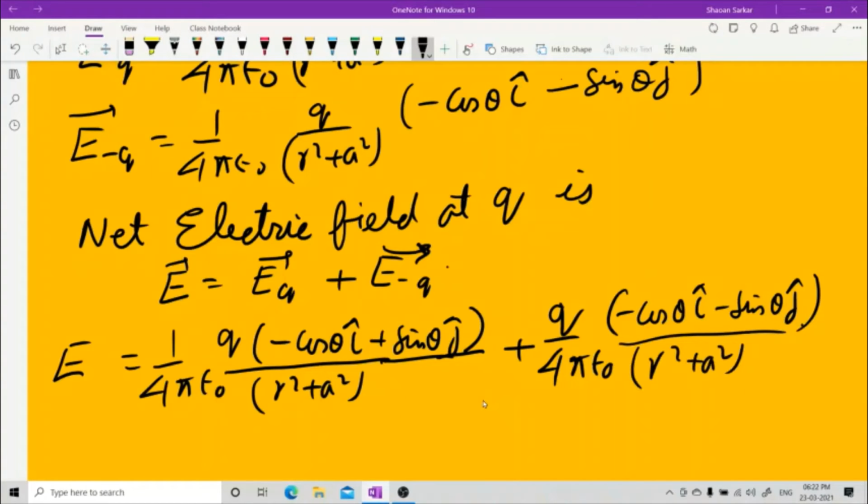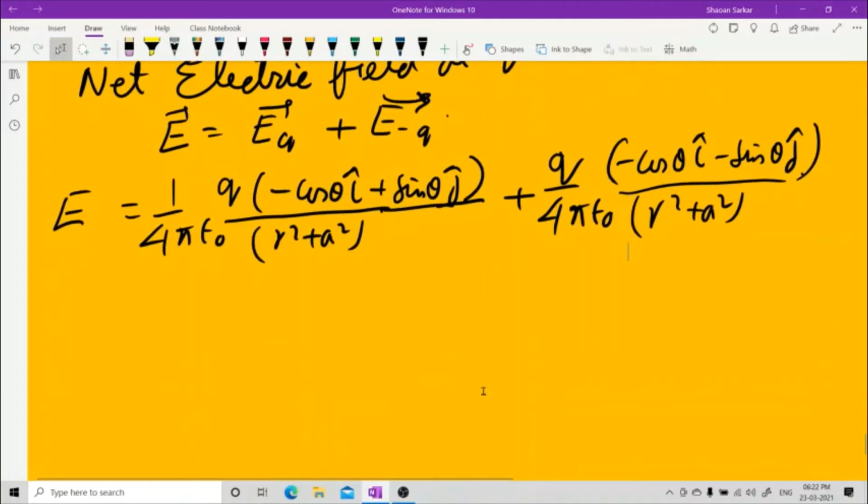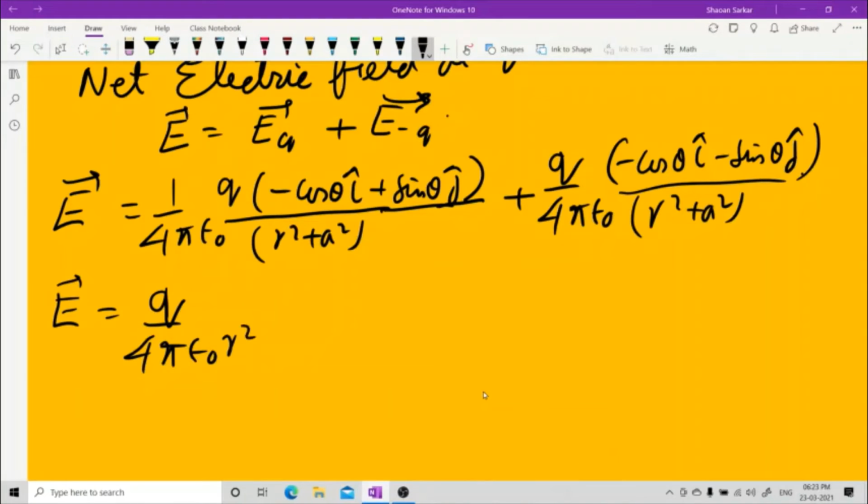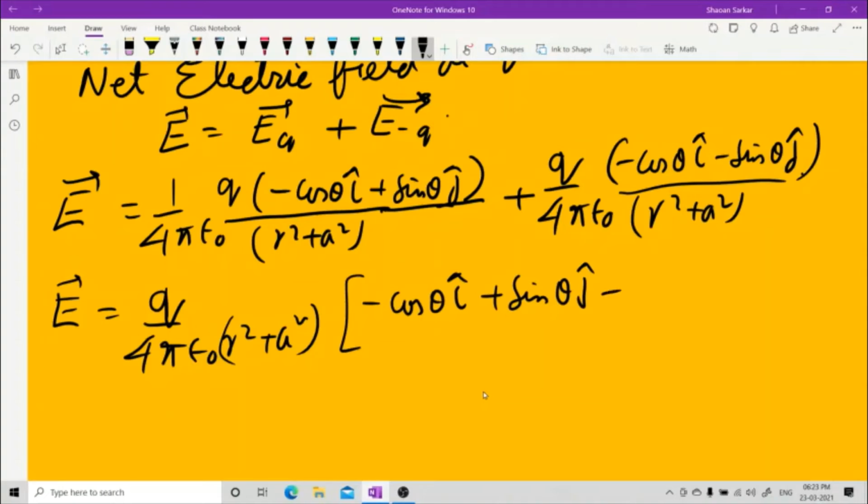Take all the common things out. You have E vector 1 by 4 pi epsilon naught Q, with R square plus A square also common. What you are left with is minus cos theta i plus sine theta j minus cos theta i minus sine theta j. The sine theta j terms cancel out.